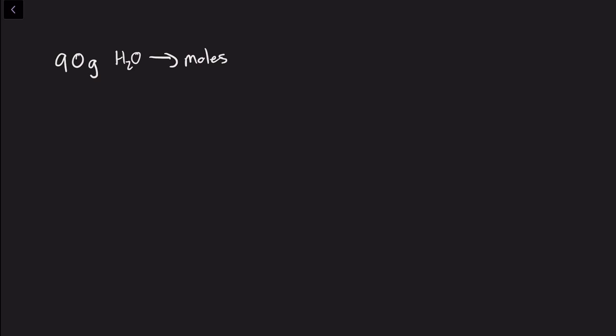So we have 2 hydrogen, each being 1.008 as their molar mass, and we're going to add it with our 1 oxygen, which has a molar mass of 15.999 or 16. Our total molar mass for water is going to be 18.016 grams per mole if we're going to be exact.